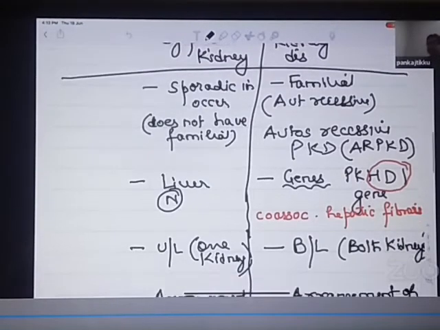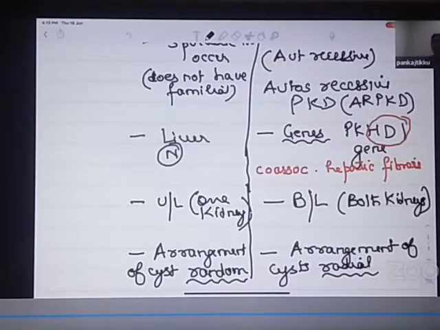Then polycystic kidney disease usually is bilateral, affects both kidneys, and usually presents with both kidneys being enlarged. On the other hand, multicystic dysplastic kidney is unilateral, that means it affects only one kidney.